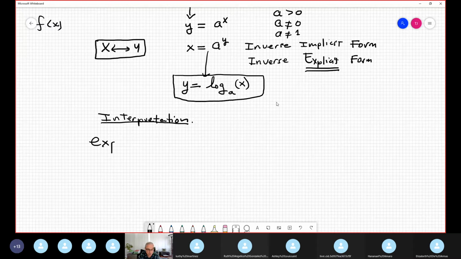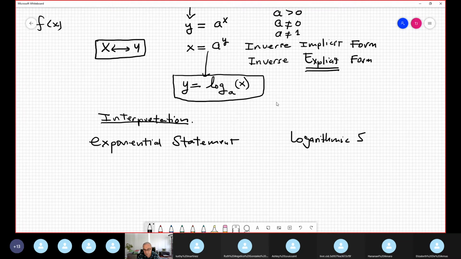Exponential statement and logarithmic statement. They are two different ways to express the same idea. This is the same idea, but in a different form. Let me try to explain in detail.